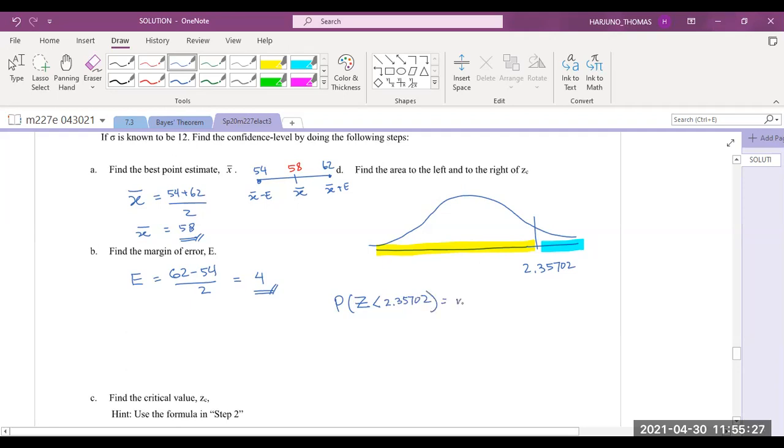That will be normal CDF, negative E99, 2.35702, 0.1.